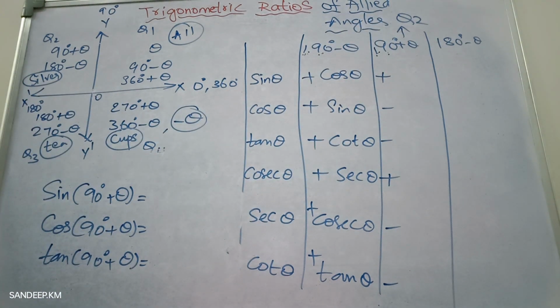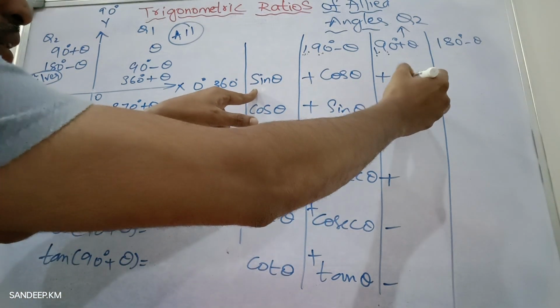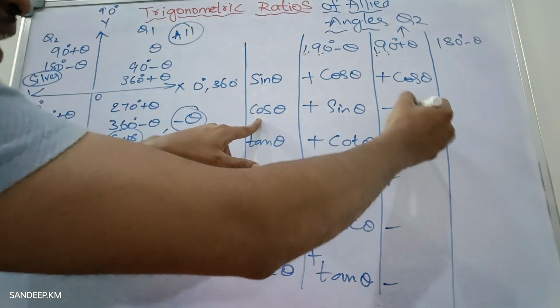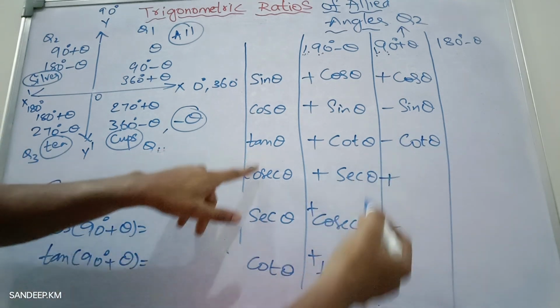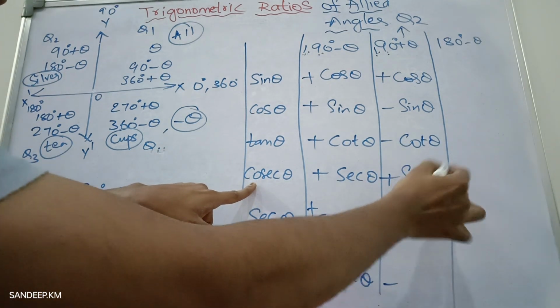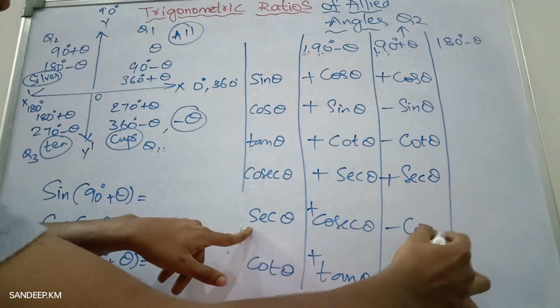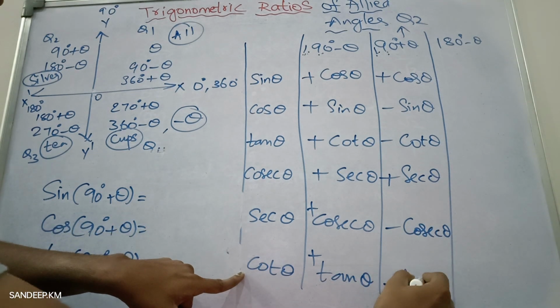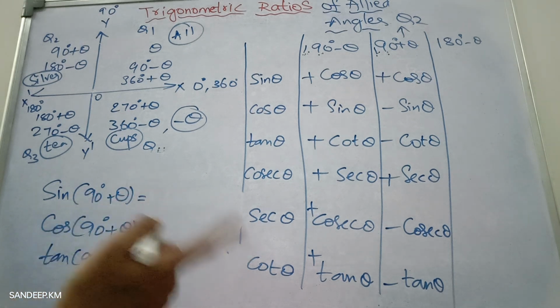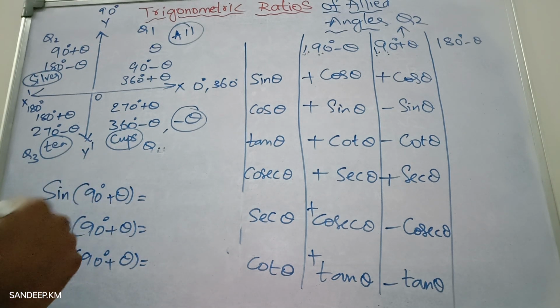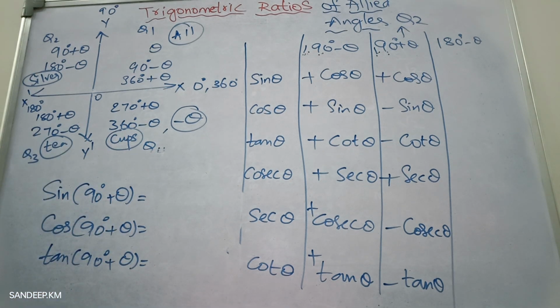Since 90 degrees is an odd multiple of 90, sin theta becomes cos theta, cos theta becomes sin theta, tan theta becomes cot theta, cosec theta becomes sec theta, sec theta becomes cosec theta, and cot theta becomes tan theta. There will be a change. Already I told you, sin becomes cos, cos becomes sin, tan becomes cot, cot becomes tan, sec becomes cosec, cosec becomes sec.